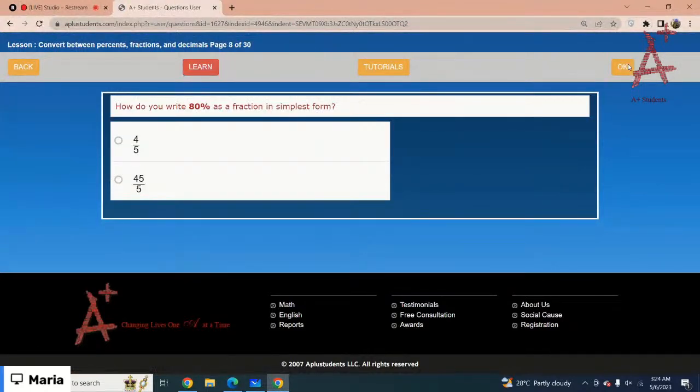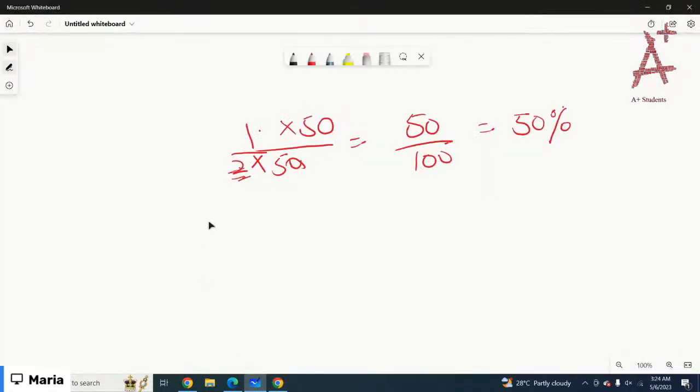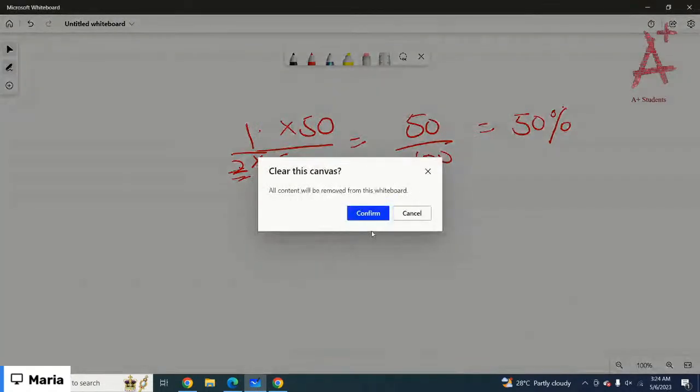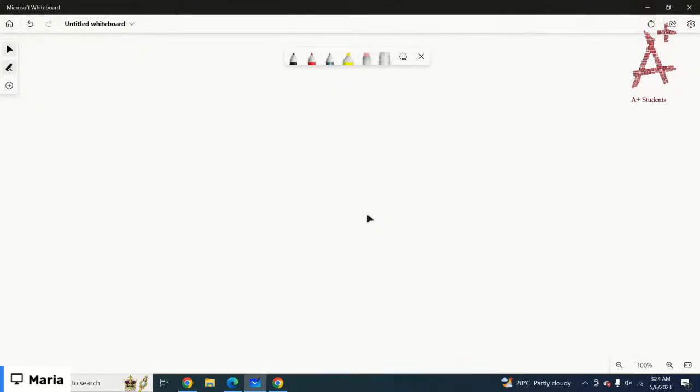Okay, how do you write 80% as a fraction in simplest form? 80% means 80 over 100, which is 80 out of 100. Got it? So just divide them by 10.